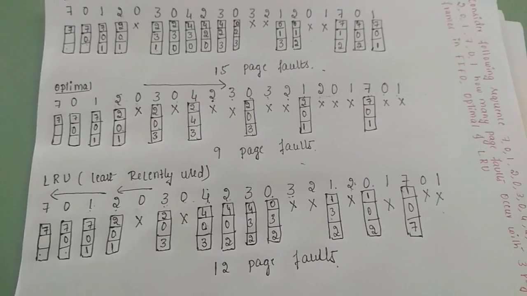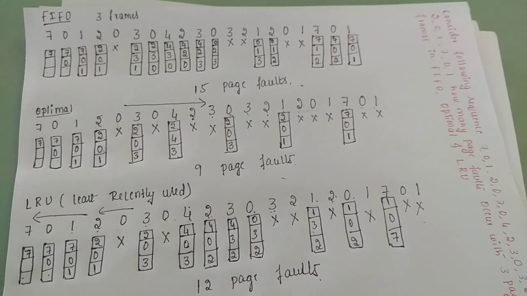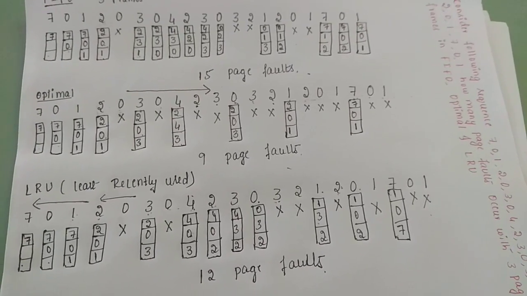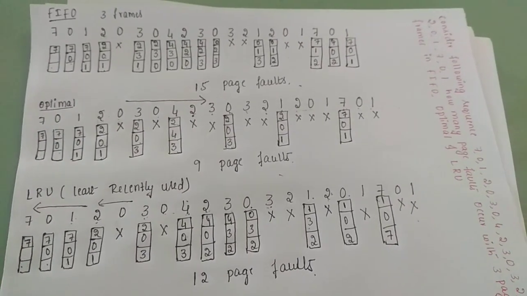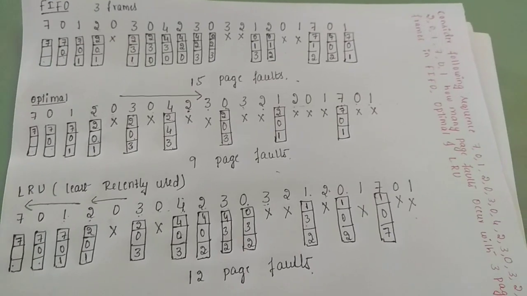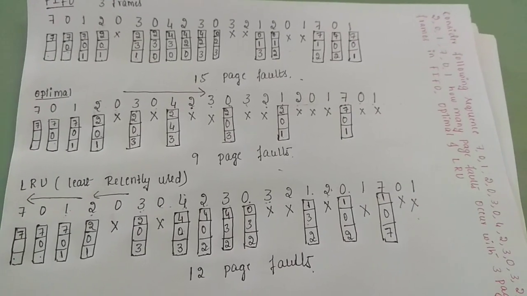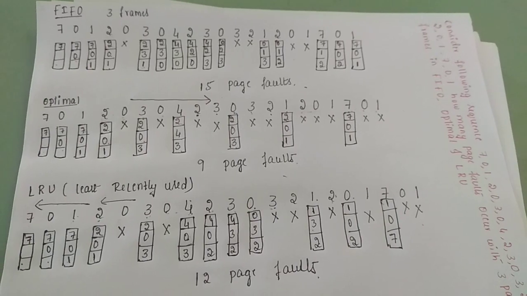So you just check: FIFO has given 15 page faults, optimal 9 page faults and LRU 12 page faults. So optimal is the best page replacement algorithm compared to FIFO and LRU. We'll see the next example in the next video.